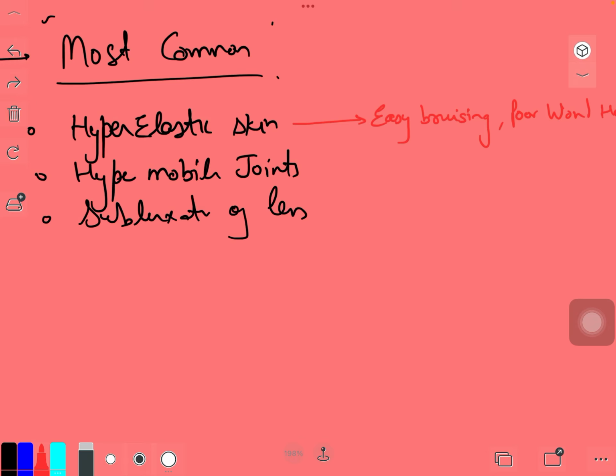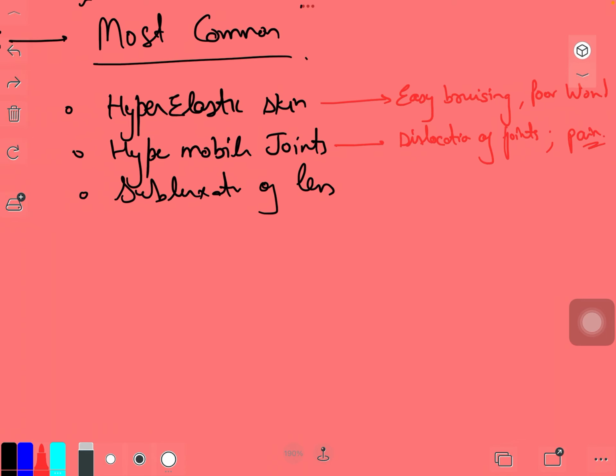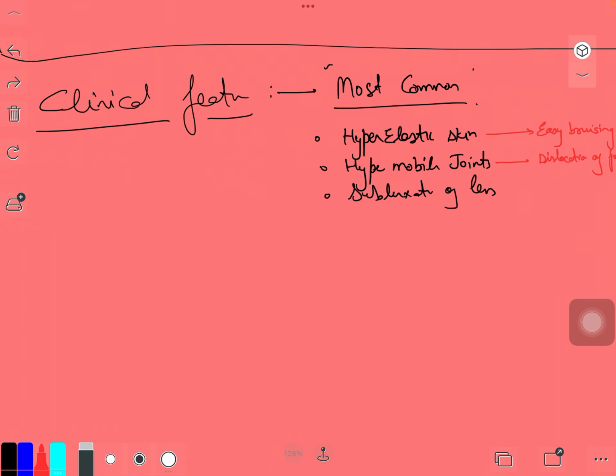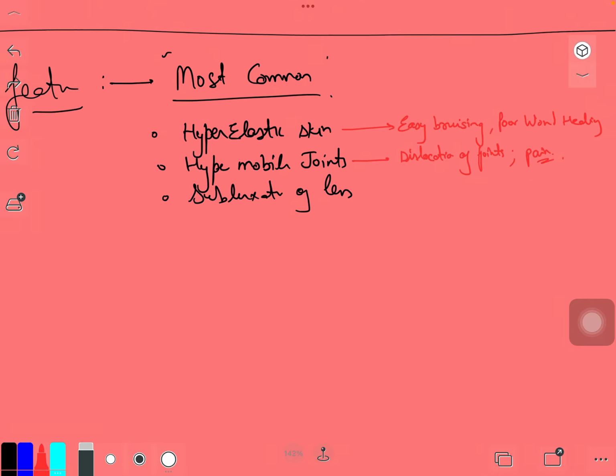For the hypermobile joint, the patient can actually dislocate the joint. So joint dislocation is fairly common in this patient. And also the patient will have chronic pain because of this kind of action. And for the lens, we already discussed, the patient can even have cataract, blindness, and so on.